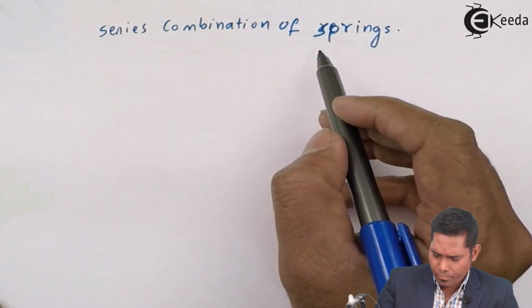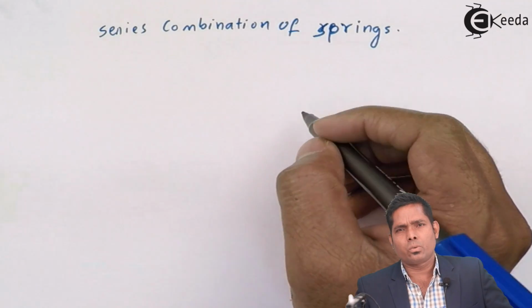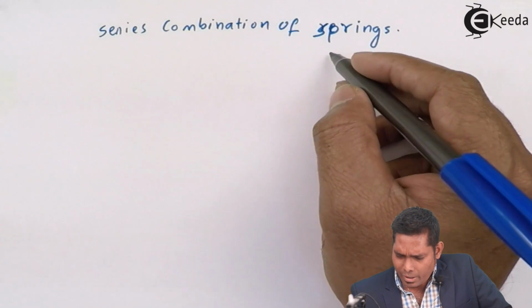Now K is inversely proportional to L, which means K into L is a constant quantity.